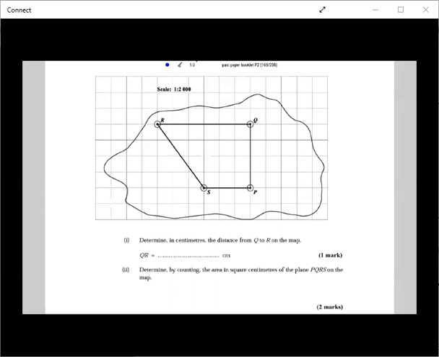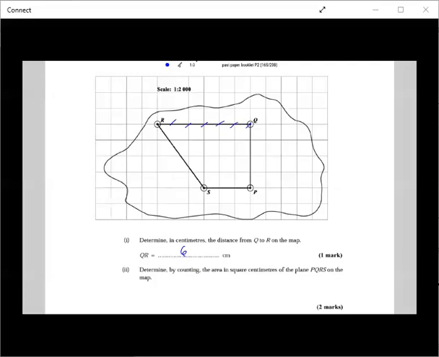We're asked to determine in centimeters the distance from Q to R. So remember they told us that all of these is 1 centimeter. So from Q to R, it is what? 1, 2, 3, 4, 5, 6 centimeters. So QR is 6 centimeters. Do you agree? Remember, they told us that the entire thing is drawn on a grid of 1 centimeter squares.